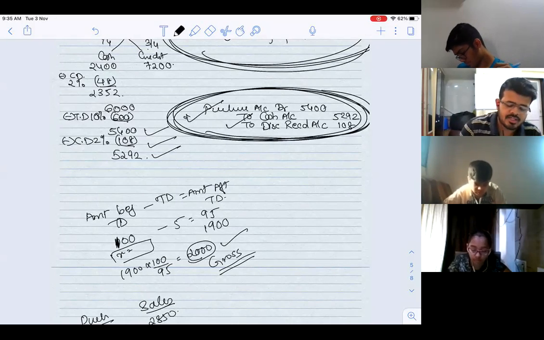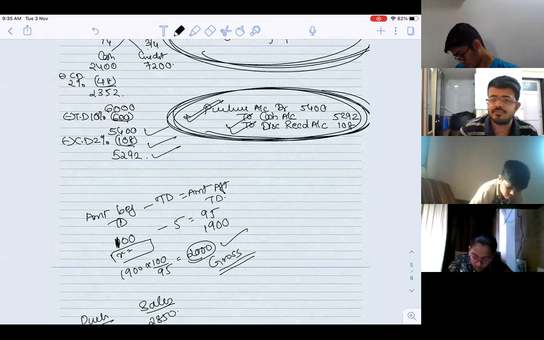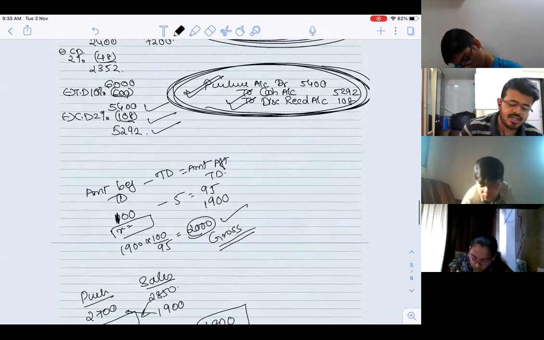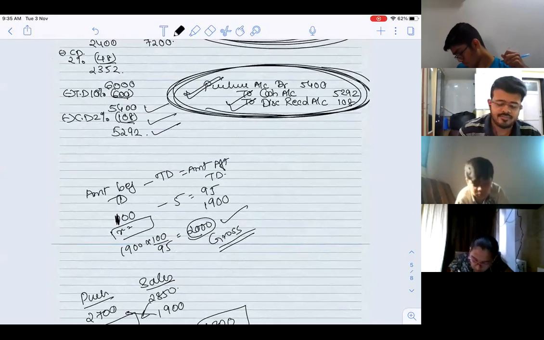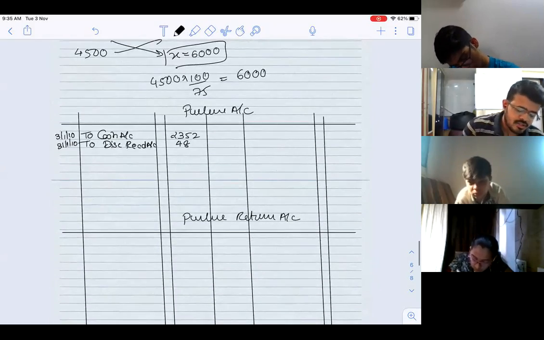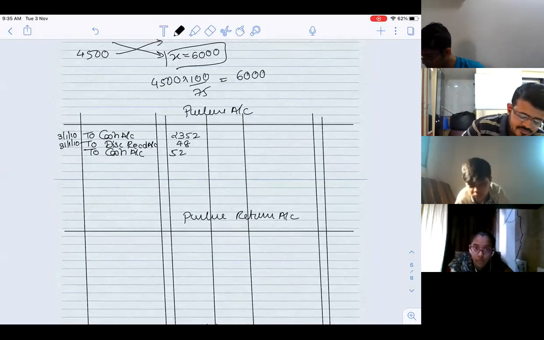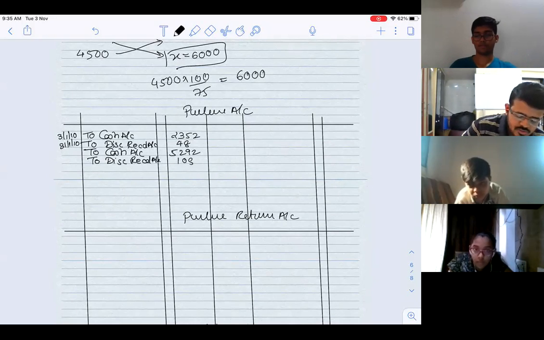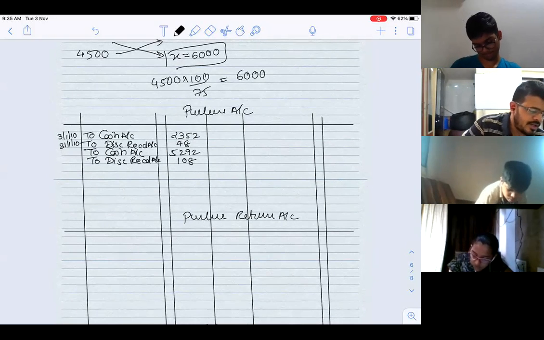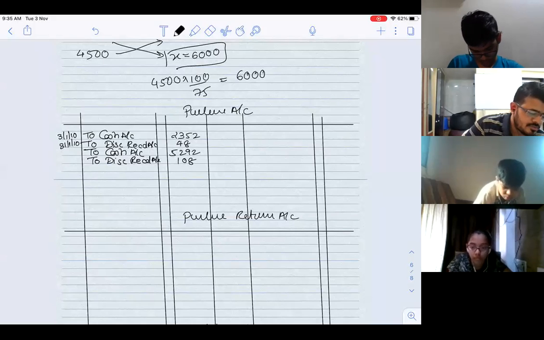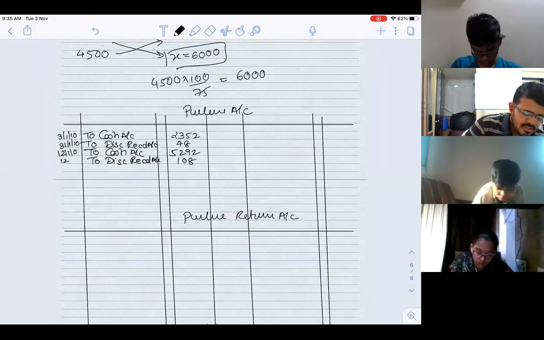Purchase में to cash 5292, purchase में to discount received 108. This is on 12. Check in the problem.